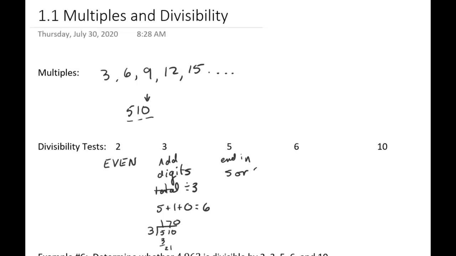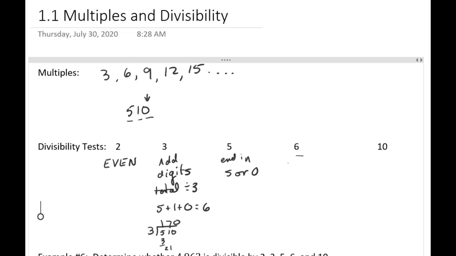So that number, 510, is also divisible by 5, divisible by a lot of things.